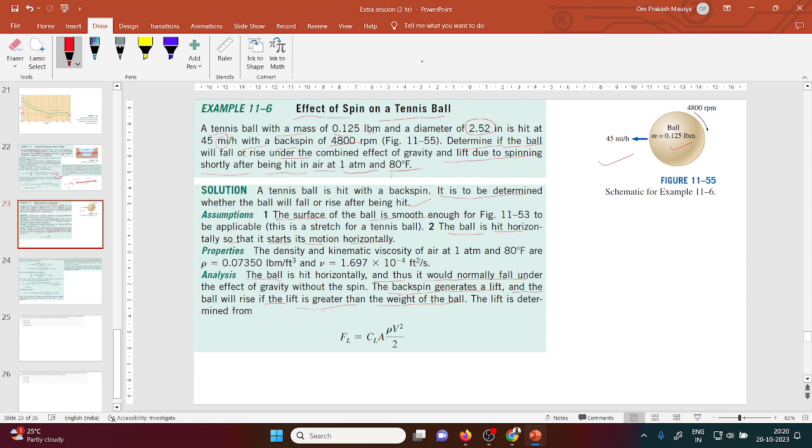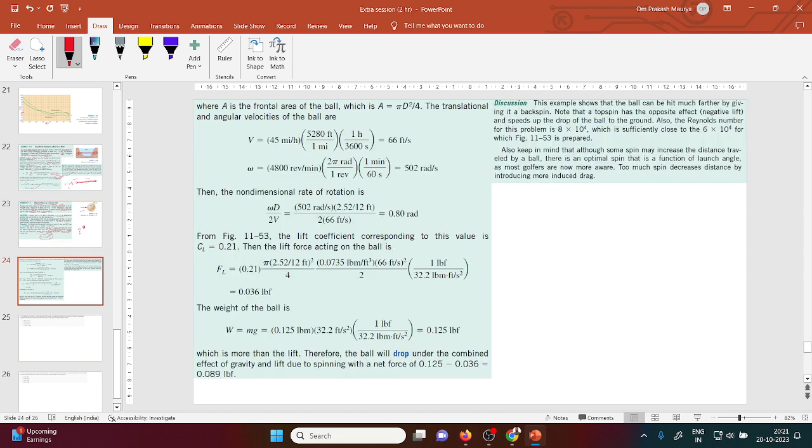So what is actually meant: if the lift force is greater than the weight of the ball, then it will rise, otherwise it will fall. The lift force will be determined like that: FL is equal to CL A rho V square by 2.